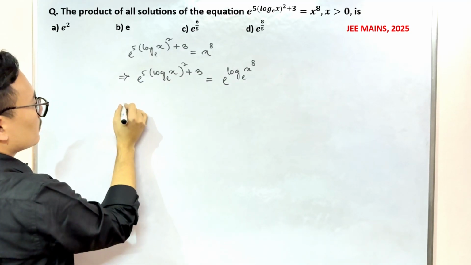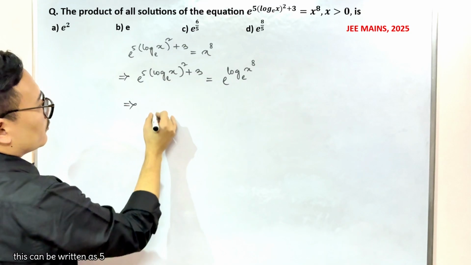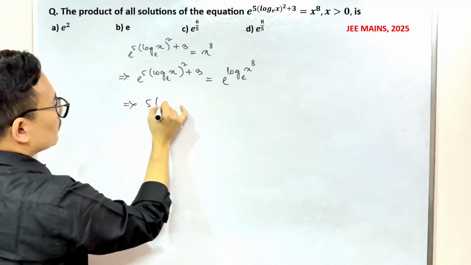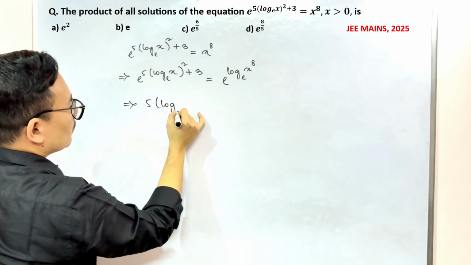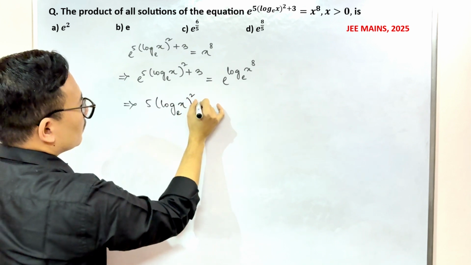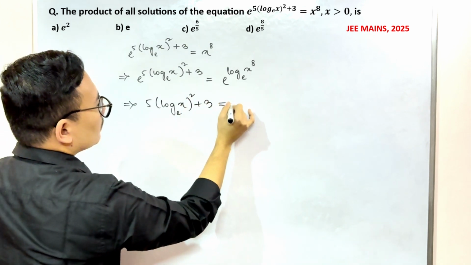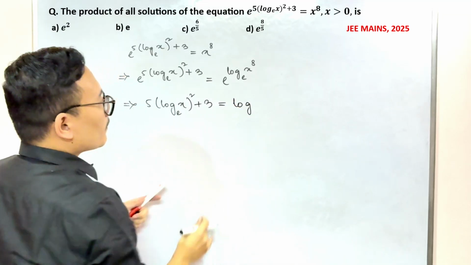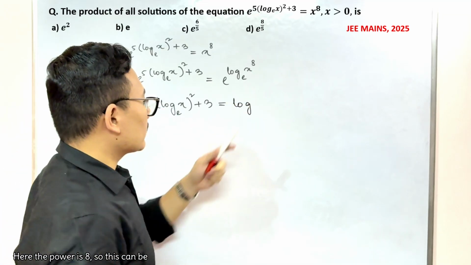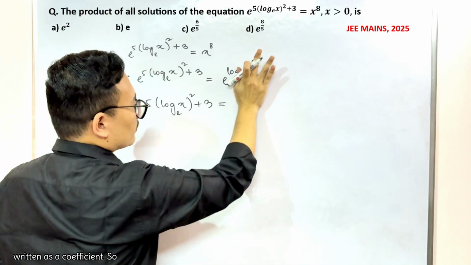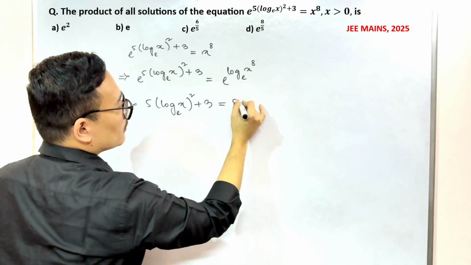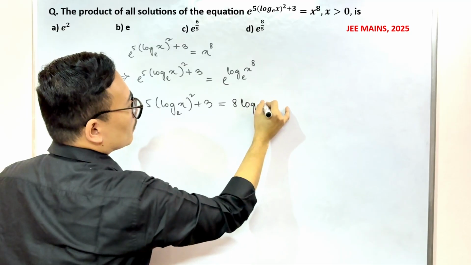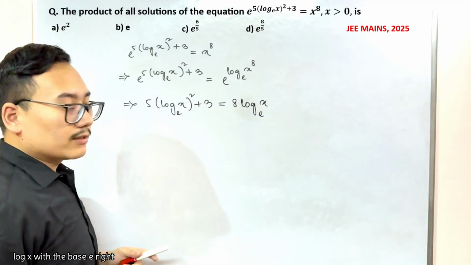Then this can be written as 5, and here the power is 8, so it can be written as a coefficient. So this 8 log x to the base e, right?